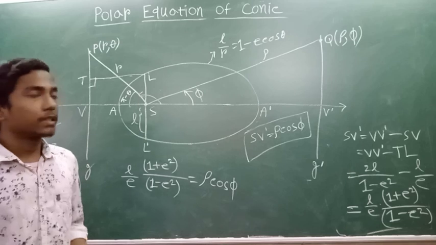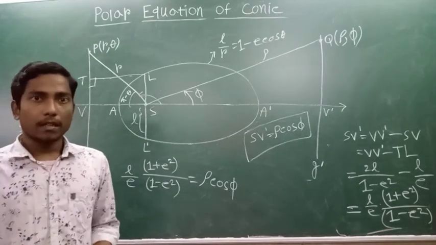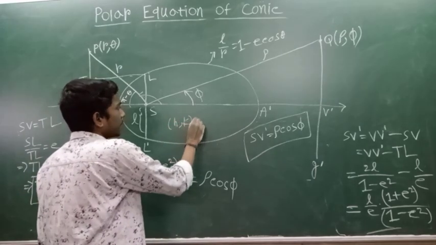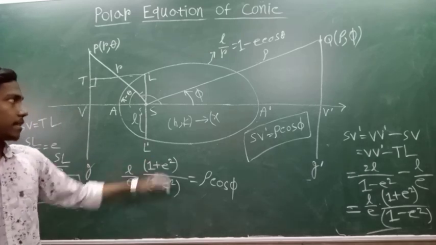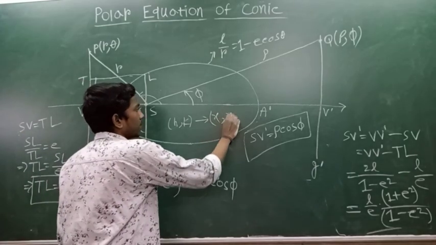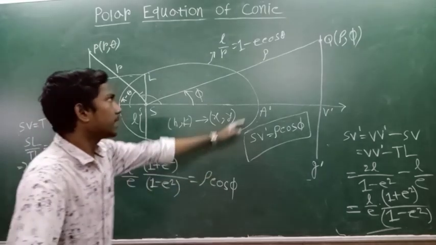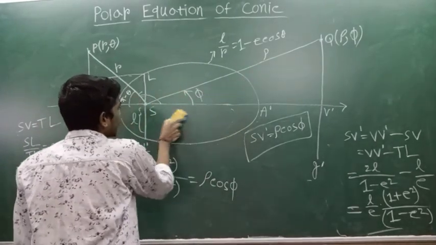Like when in Cartesian coordinate system, when we derive the locus, we take a point h comma k, and finally, after getting the relation between h and k, we replace this by x comma y for a better general form. So similarly, here we have taken rho comma phi, so we replace this by r comma theta.